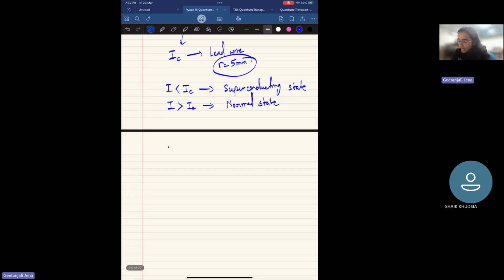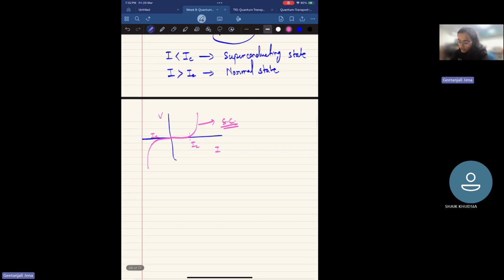If you look at the IV characteristics, the current is nonzero while the voltage is zero up to the critical point, then it increases. This is for the superconducting state.